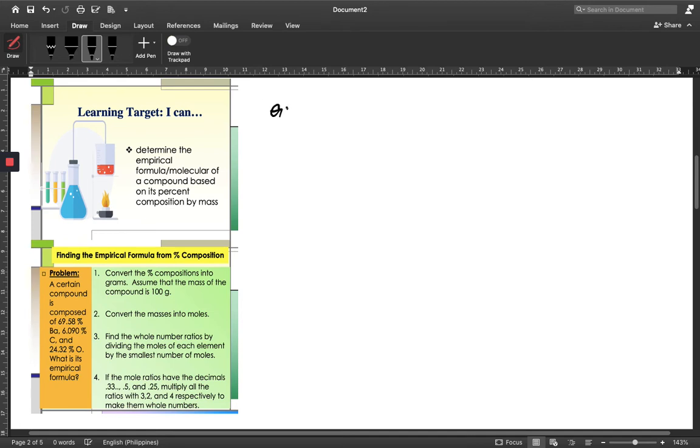So we have our given, which are 69.58% barium, and then 6.090, and this mass percentage belongs to carbon, and the last one is 24.32% oxygen.